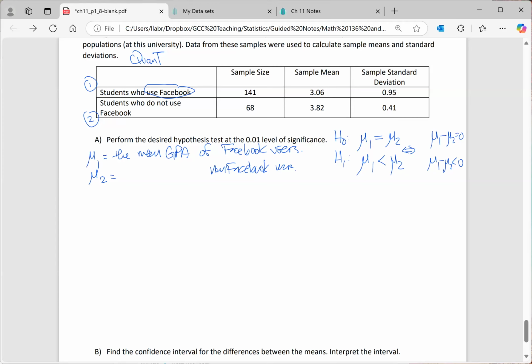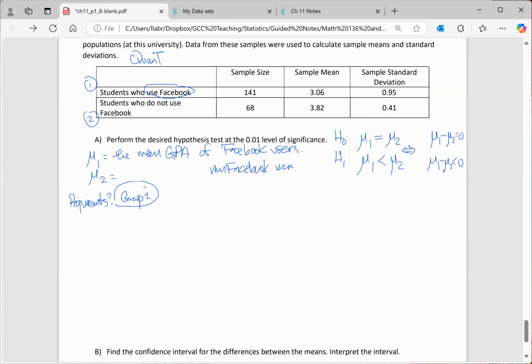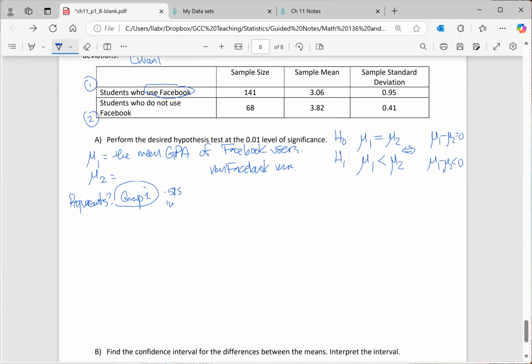So we've got the hypothesis. Now, are the requirements met? For group 1, remember, they said it was not random, but it was representative, which is really the whole point of selecting a random sample. So we're going to go ahead and say that, sure, SRS, independence.